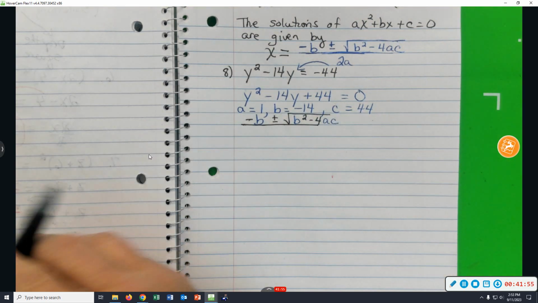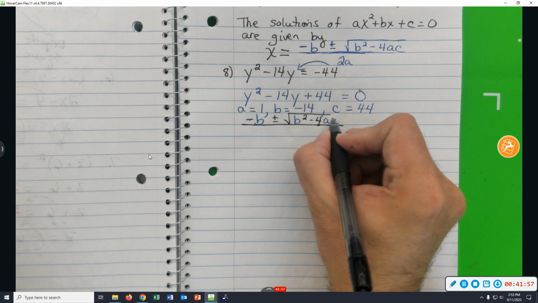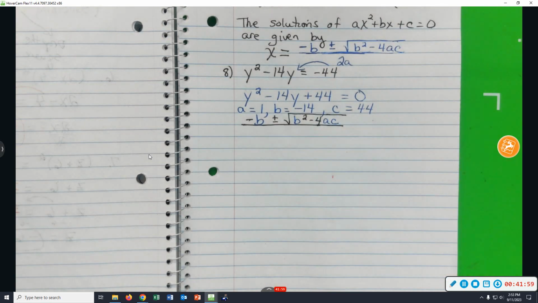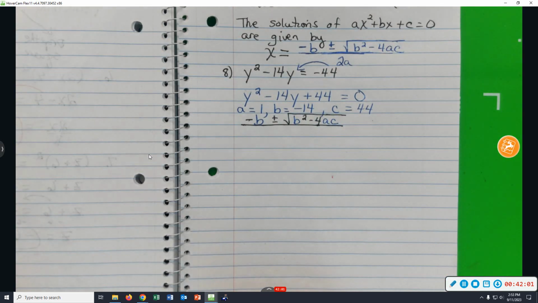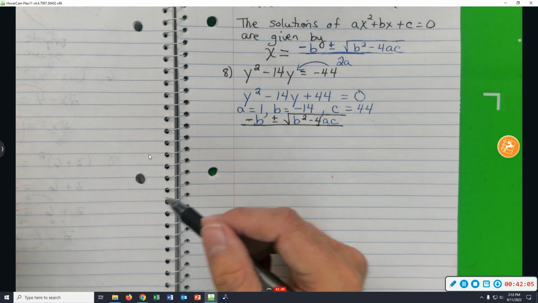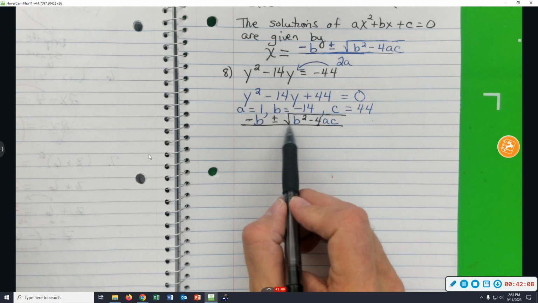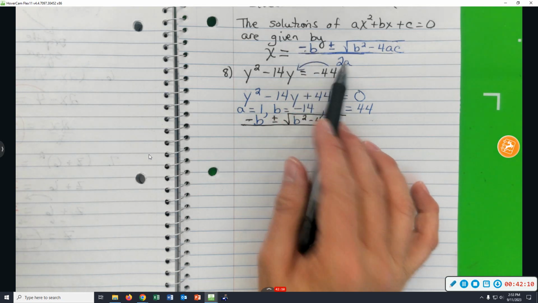I'm writing it out. I'll write it down every time I do it today. And by the time I'm finished with this, y'all will be sick of seeing it, but at least you'll know how to start it. And probably know the bottom too, the minus b and the 2a.